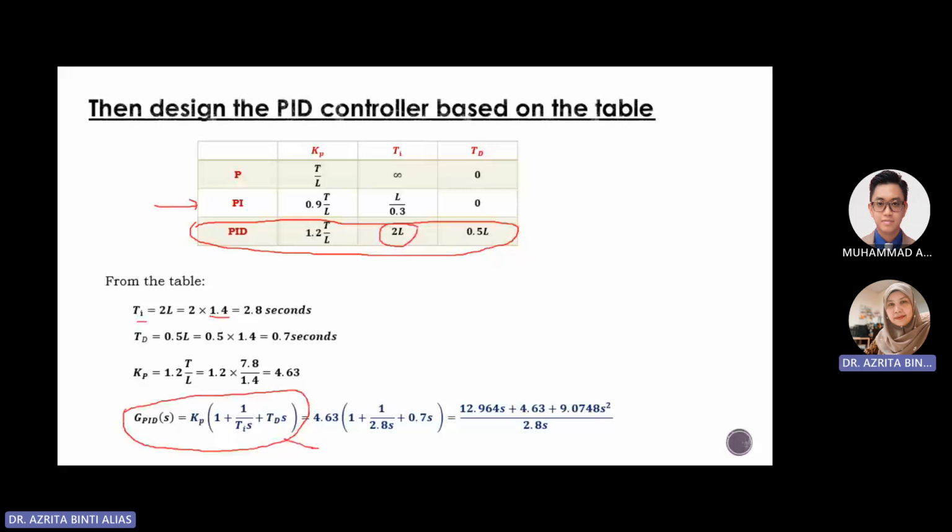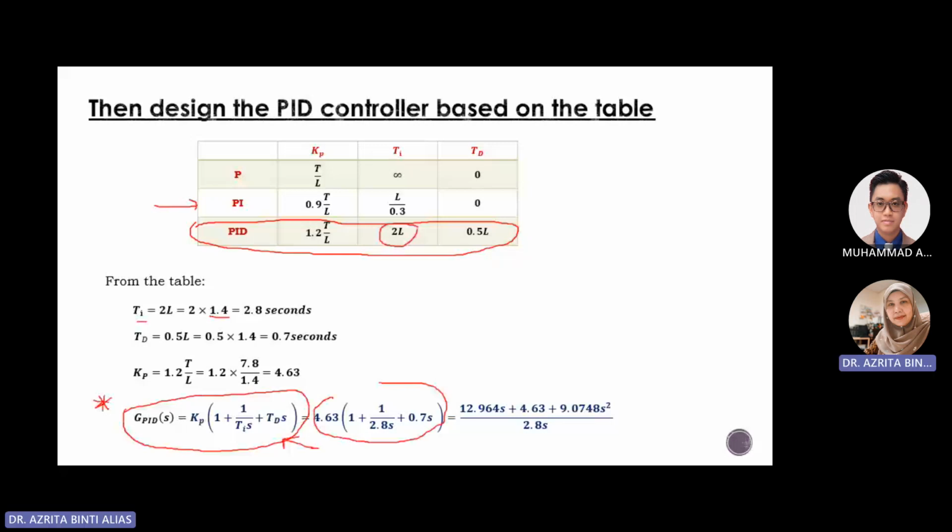I think this equation is also not given in your final exam, so you need to memorize this general formula for the PID controller using the Ziegler-Nichols method. Later I will confirm again whether the formula is given to you in your final exam. Just put in the values of KP, TI and TD. So we already designed the PID controller.